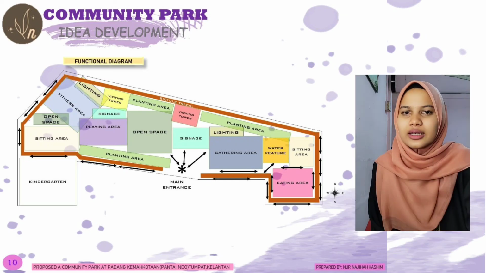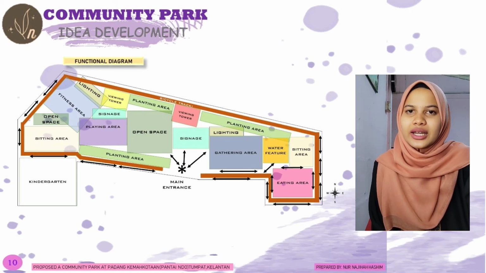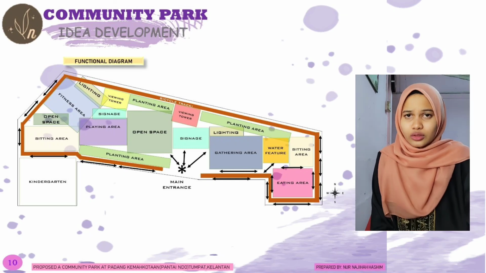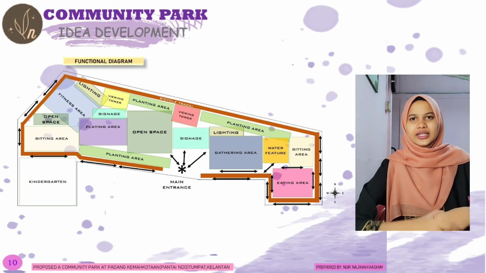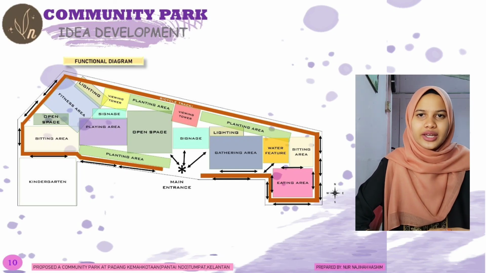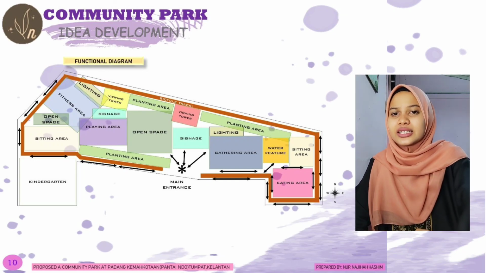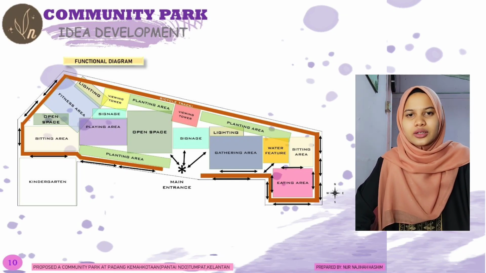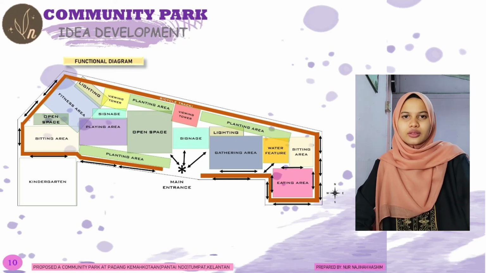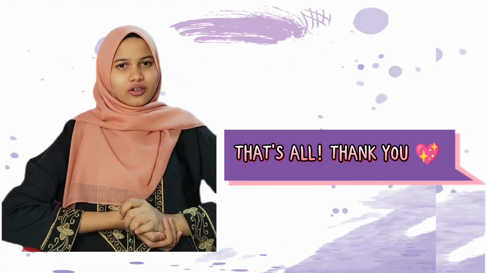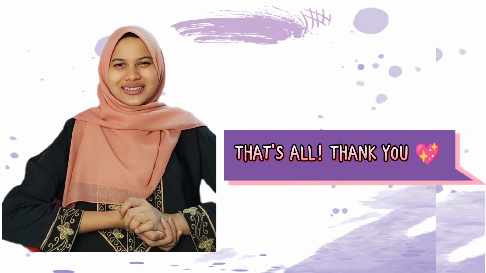The next are the planting area, viewing tower, and also I want to propose a lighting area and the fitness area. The kindergarten already exists at the park. That's all from me for the presentation board. Thank you.